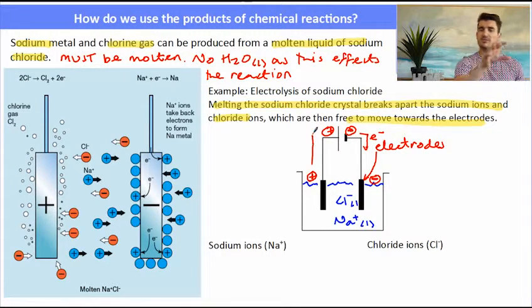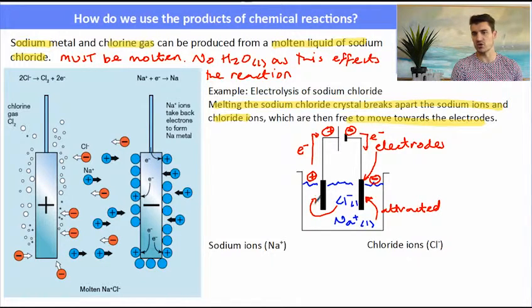Now the battery pumps electrons into the negatively charged electrode and pulls them out of the positively charged electrode. So that means that our electrode on the right is negatively charged. Well, the sodium, being positively charged, will be attracted to that electrode.